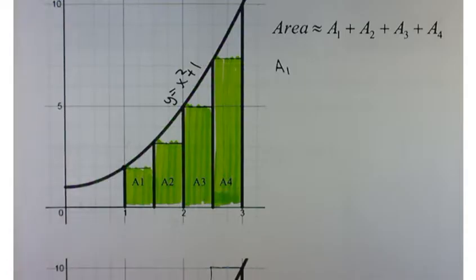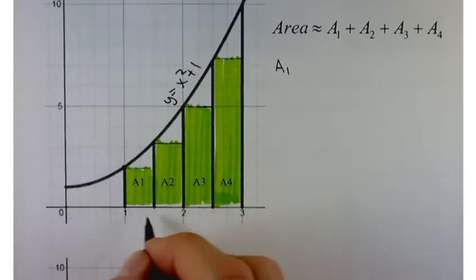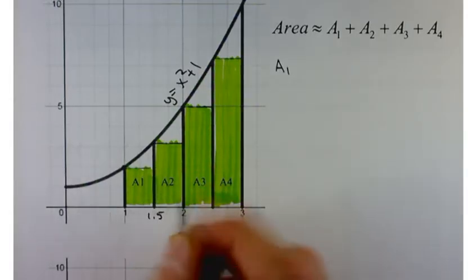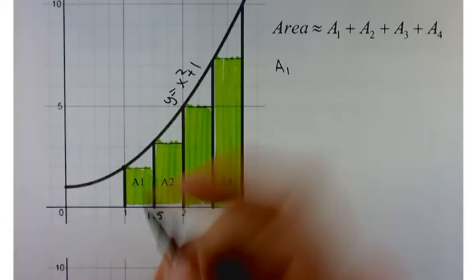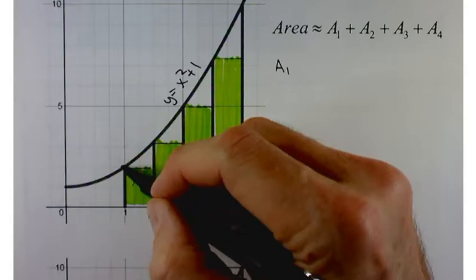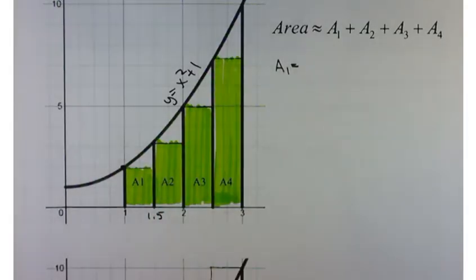And I want to try and find the area of this rectangle. There's two things I'm going to need to know. I'm going to need to know the width of this rectangle, which I know, and I'm going to need to know the height. How am I going to find the height? Yeah, thank you. Plug it into the equation.